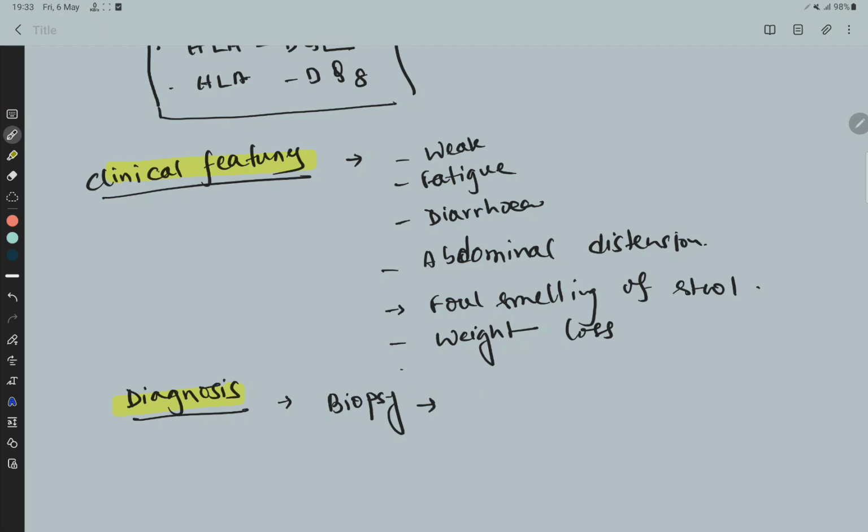In biopsy we see villus atrophy and crypt hyperplasia.